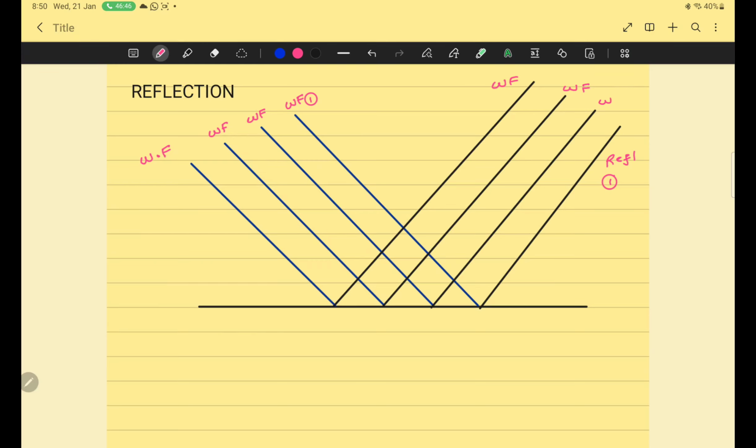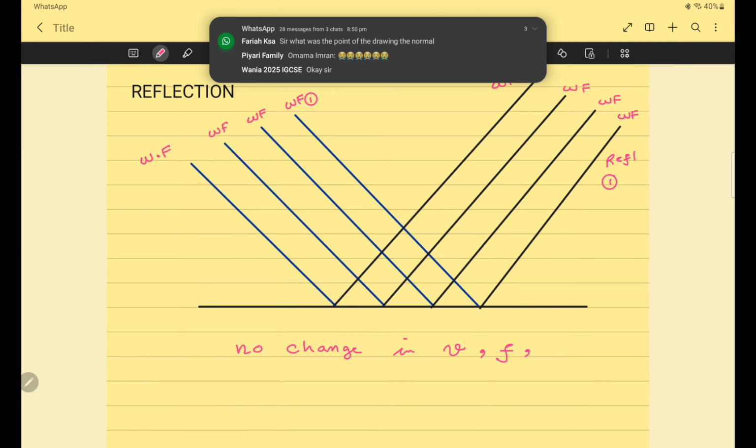And remember, sir, in reflection there is no change in speed, no change in frequency, no change.